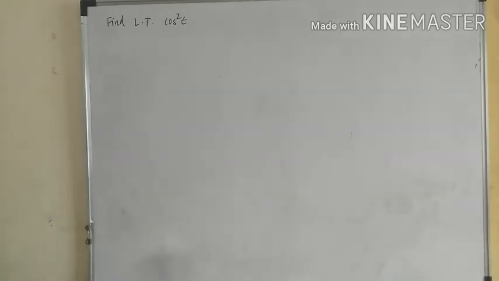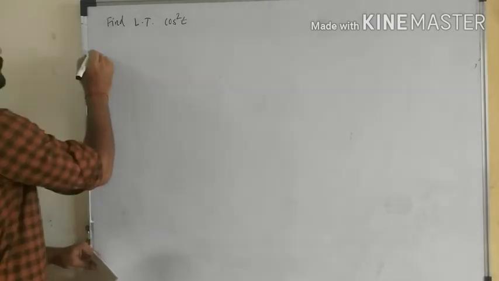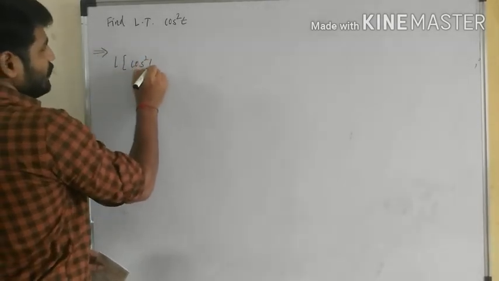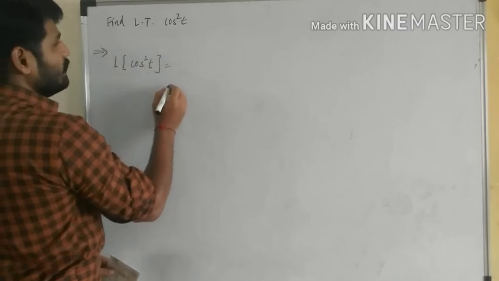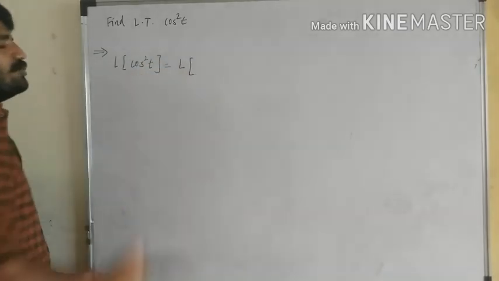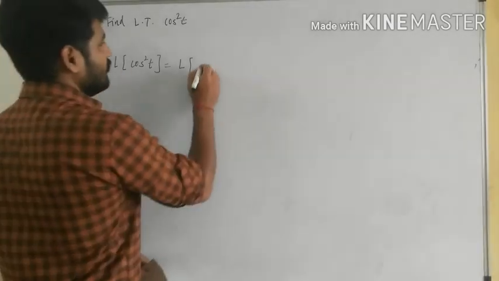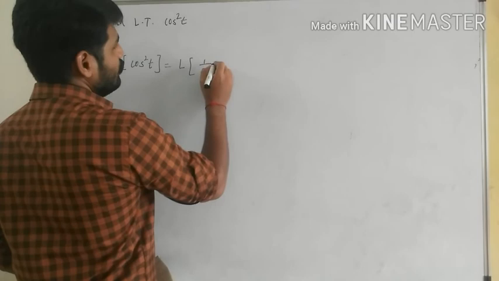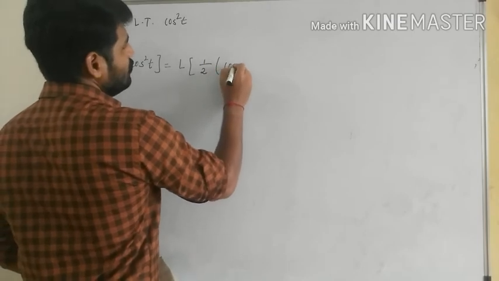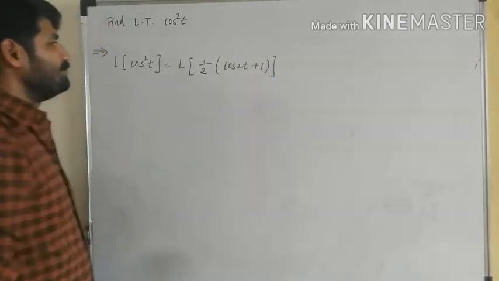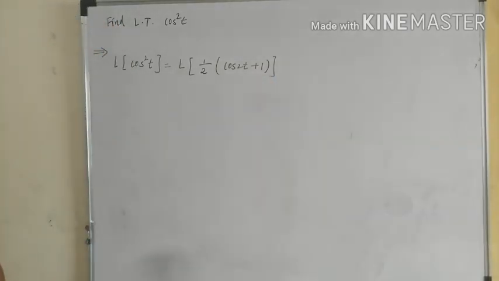So see how to find Laplace transform of cos square t. Laplace transform of cos square t is nothing but Laplace transform of, we have to use the formula for cos square t. What is the formula for cos square t? That is 1 upon 2 into bracket cos 2t plus 1 bracket close. We know the formula.